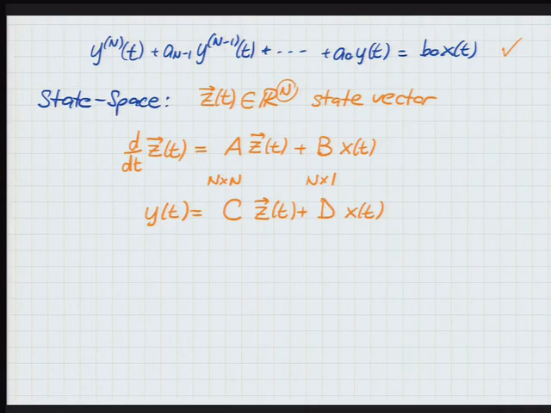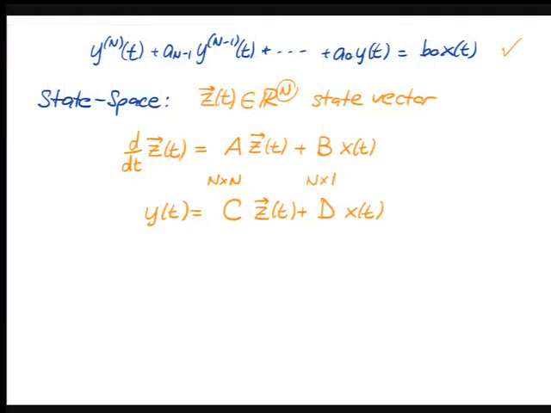So can you tell me the dimensions now, because y is a scalar. Why is it scalar? Because if I were to use this type of representation, the output is a scalar. So you have a single input and a single output, but an nth order differential equation. So instead we're writing this as a first order differential equation with a vector that's n dimensional. That's the whole idea of state space forms.